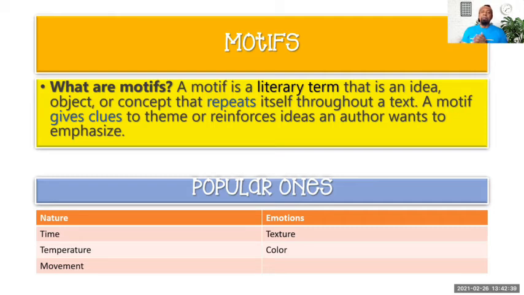But motifs. Now this is like an industry term, if you will, but it is a literary term that is an idea, object, or concept that repeats itself. I tell my students about twice.